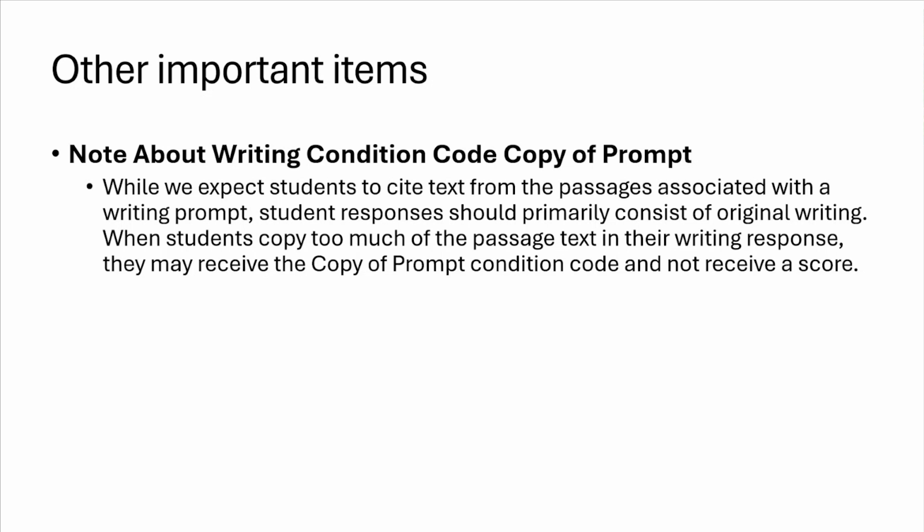Again, if a certain percentage of text is copied and pasted from the prompt in a writing question, the student will receive an error code in the scoring, which will not allow an ELA score to be compiled. We will have more information for you on that exact percentage soon.